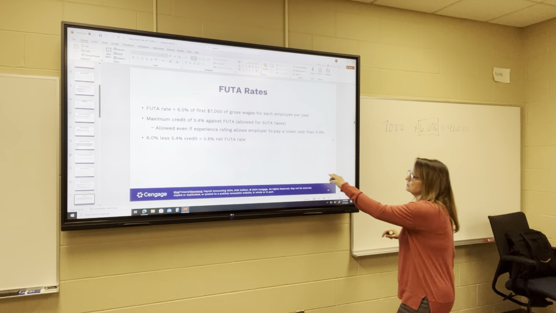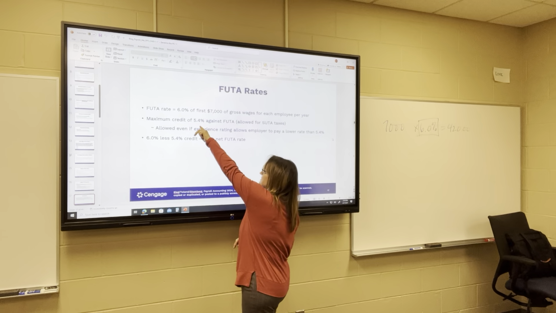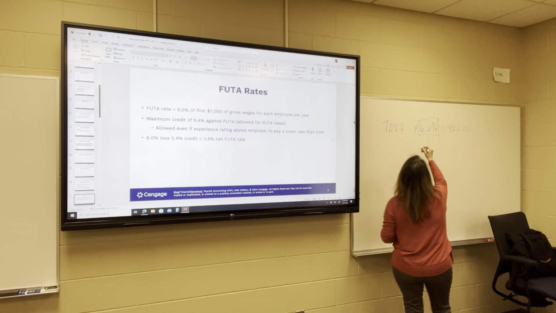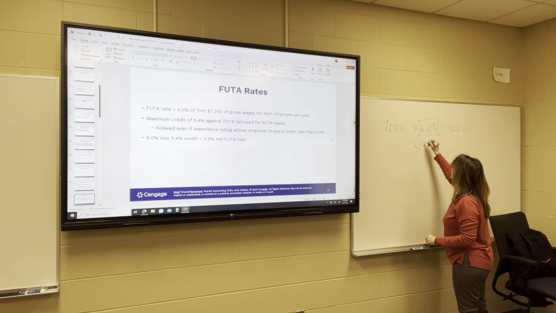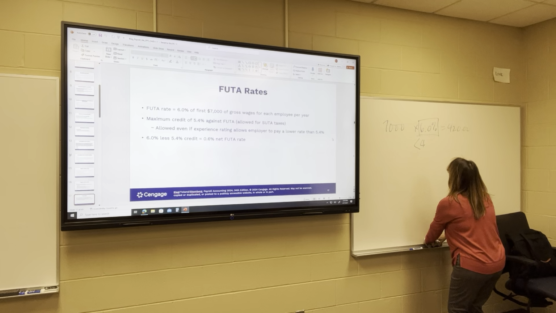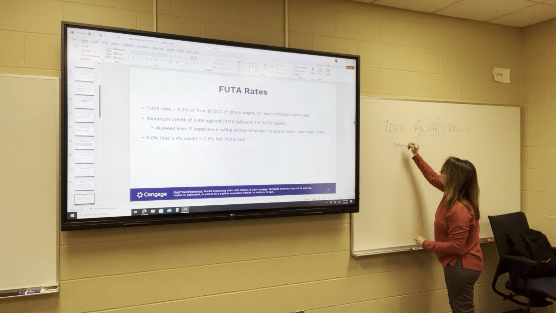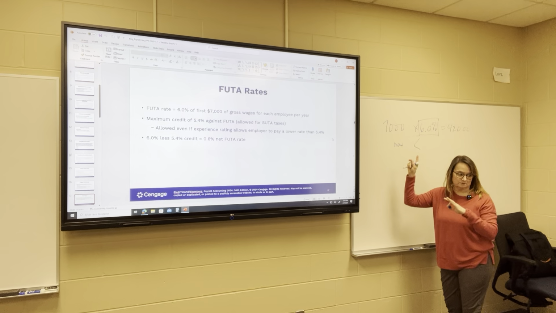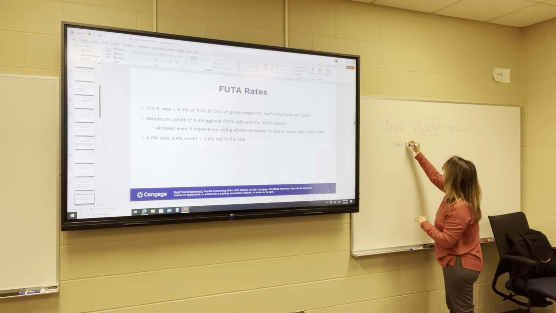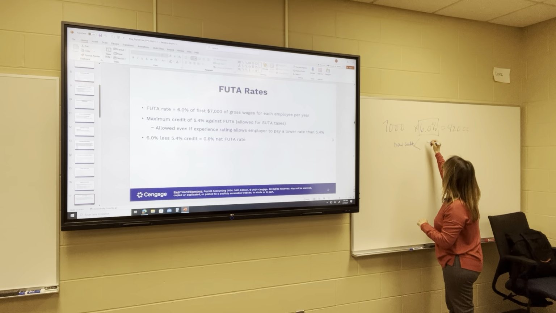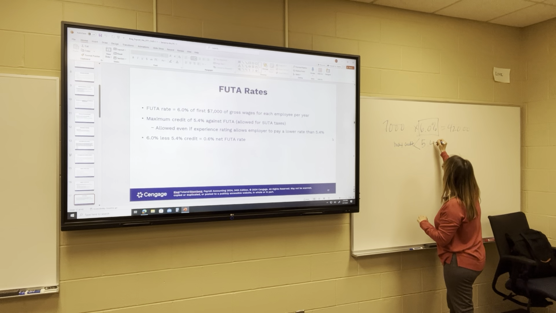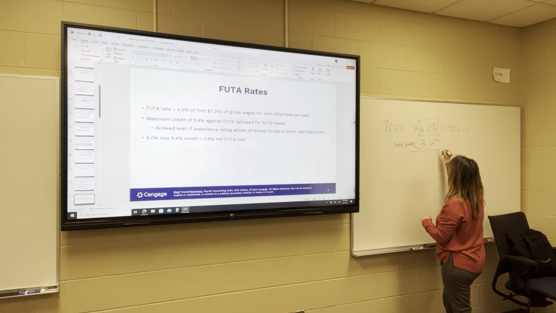So this is called the FUTA credit. So like I said, if you have a maximum credit, we'll get into when it's a reduced amount, you would reduce your percentage by 5.4, which brings us down to 0.6%.